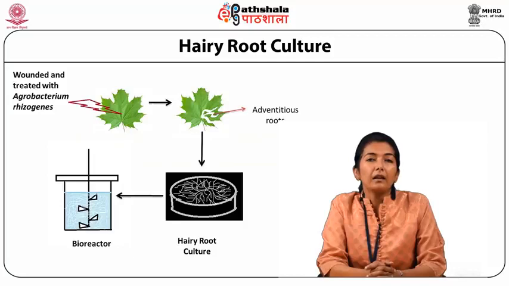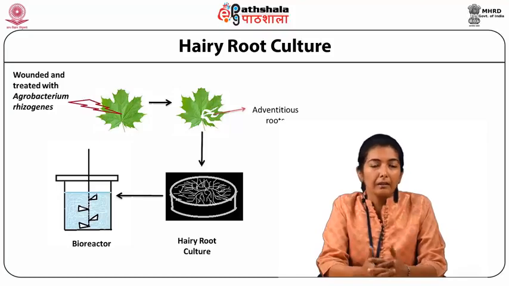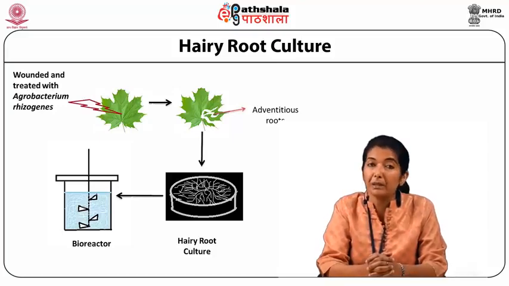Now students, we are going to discuss the method for raising hairy root cultures. First of all, we are going to take plant tissue from a genotype which we have already analyzed and found to produce high secondary metabolite.